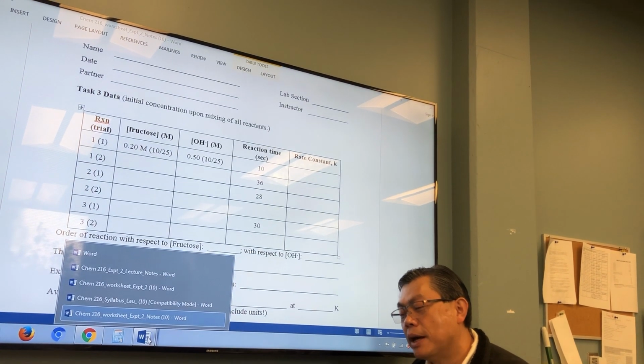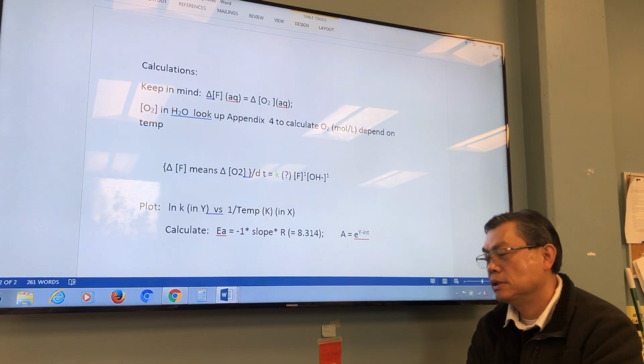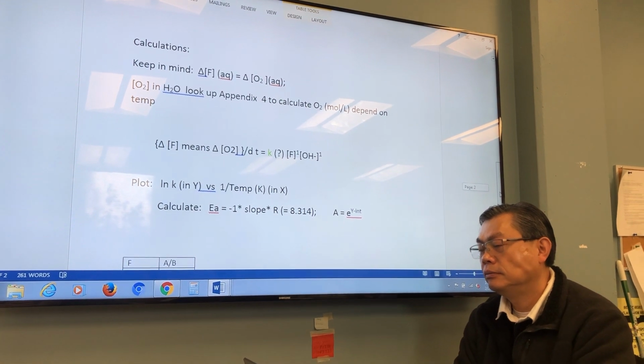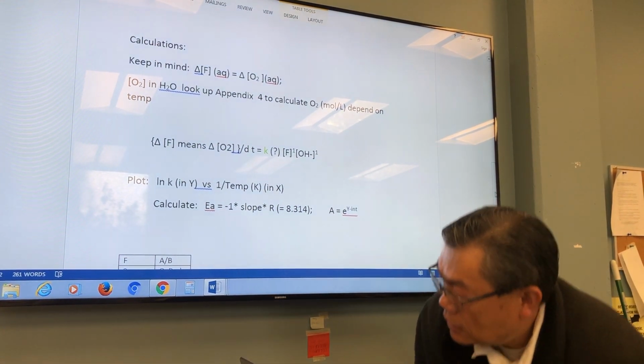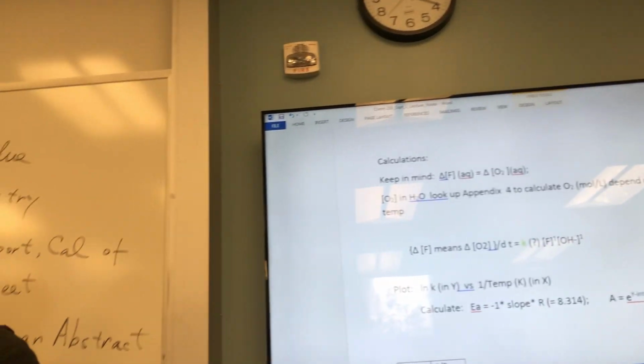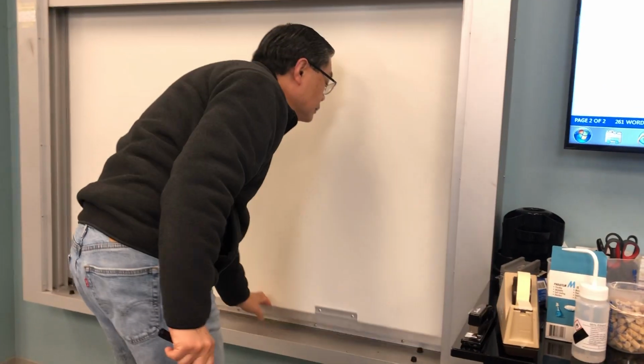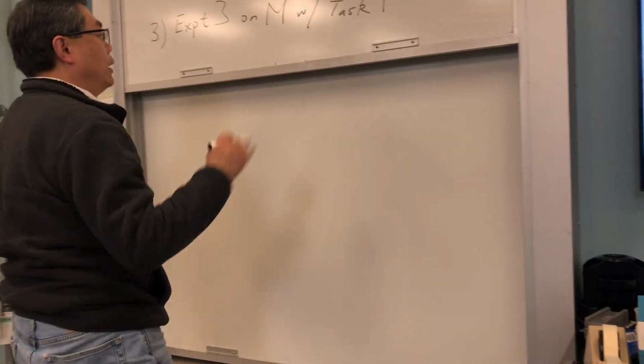So we go back to the lecture notes. In the lecture, let's draw a picture of our experiment.